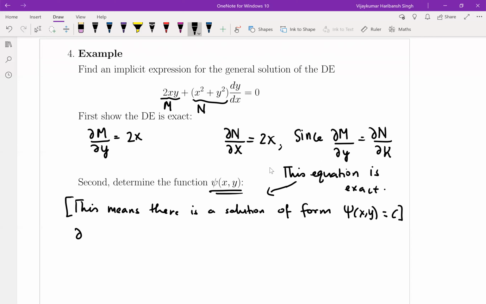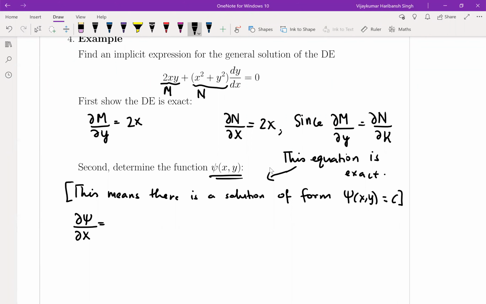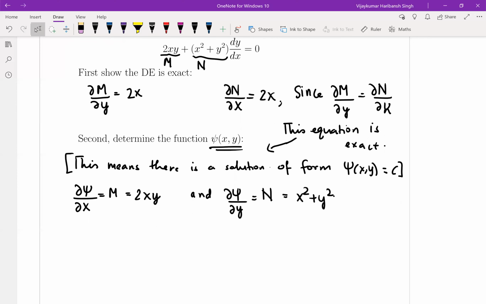The partial derivative of phi with respect to x is going to be m, which is 2xy, and the partial derivative of phi with respect to y is going to be n, which is x squared plus y squared. So now we want to integrate one of them. Let's make a choice. Let's choose this one. So integrate this guy here first.